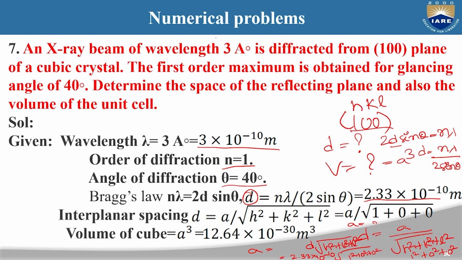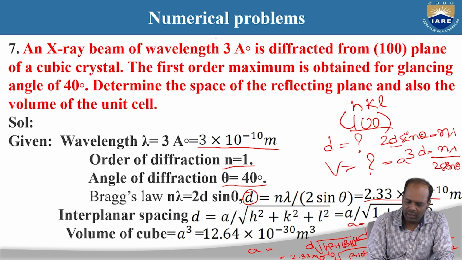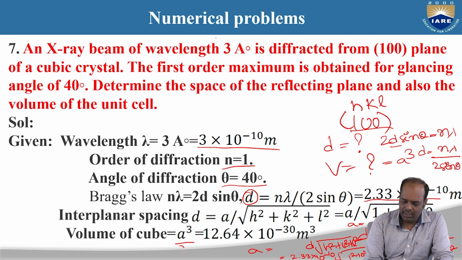So a = d, which is 2.33 × 10^-10 meters. The volume of the cube formula is a cube. We know a is 2.33 × 10^-10, so cubing it we get 12.64 × 10^-30 meter cubed.